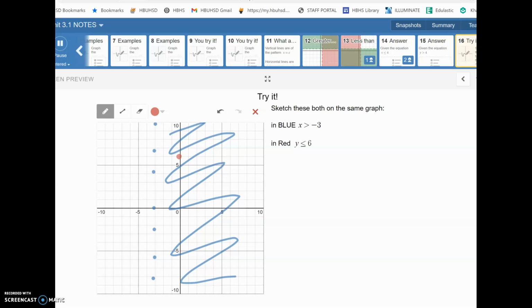For y is less than or equal to 6. Slide 16. Solid is right. And we know that it's solid because why? It has that underline. It has the equal to. And are we going to shade above or below?